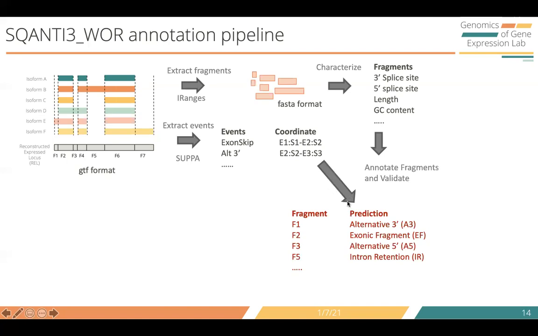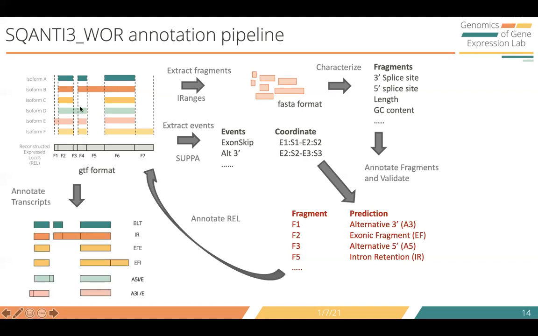This info is then combined to finally annotate the fragments as alternative 3 prime, exonic fragment, alternative 5 prime, intron retention, etc. This fragment annotation is mapped back to the reconstructed express locus, and then it is quite straightforward from this point to annotate the transcripts as the BLT, the intron retention, or all the other categories.